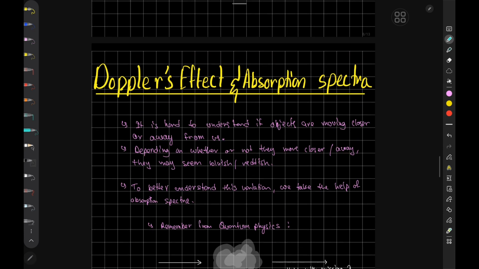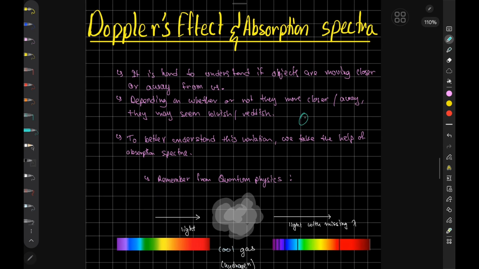So let's say, I don't know why I'm not showing it over here. So let's say this is the source, I am the observer, this is the bright star that I have, and it's moving away from me. For some odd reason, by principle of the universe, let's say it's moving away from me, and the color that I see of the sun would be a bit fake.